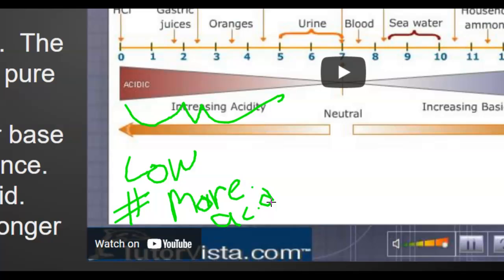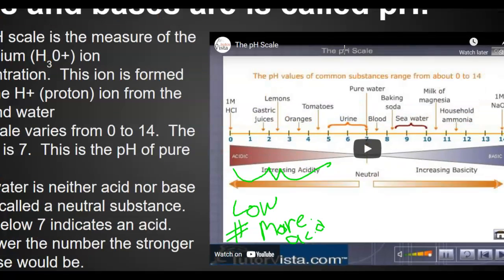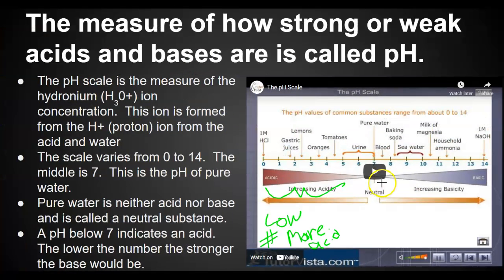Now, 7 is neutral, meaning it's got equal parts of hydroxides and hydrogens. But as you go above 7, the higher the number, the more basic, or often called alkaline.